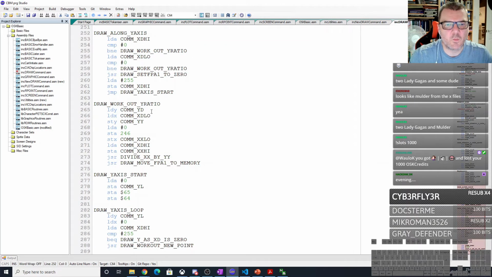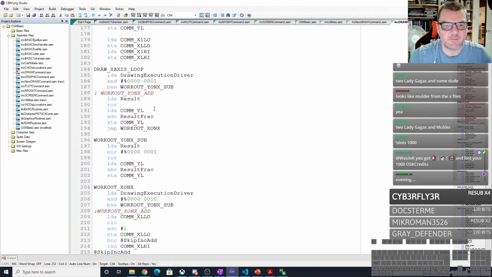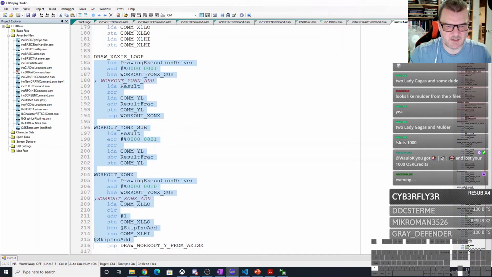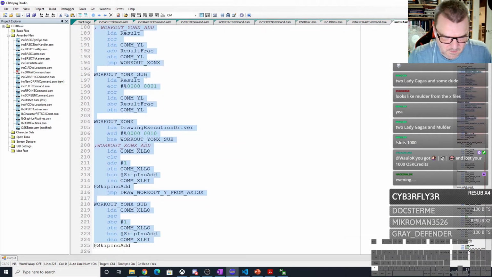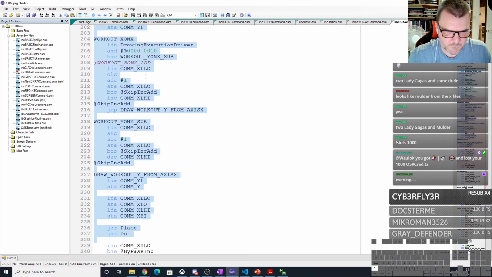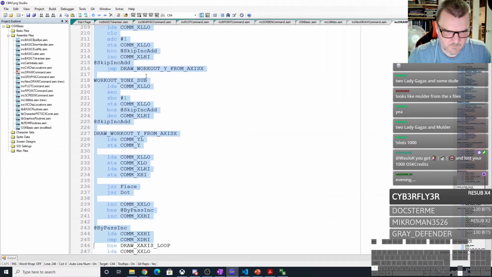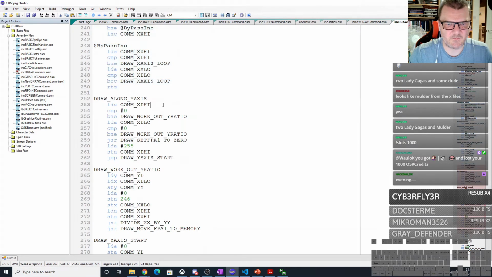Draw along y-axis, which is the same as draw along x-axis, I think. Yep, there it is. So effectively we're doing the same thing as this, but now for the y-axis.